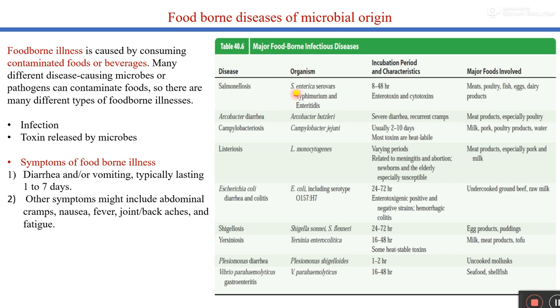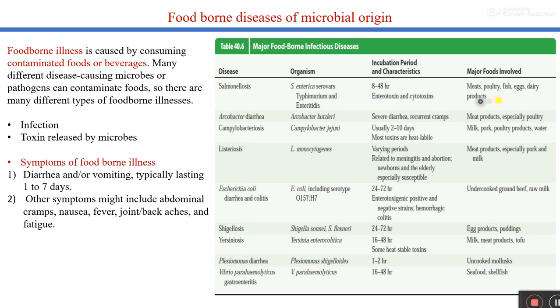This is the table where in the first column different kinds of foodborne diseases are given. In the second column, the organisms or microbes which are related to different foodborne diseases are given. In the fourth column, you can find all the foods where these microorganisms grow, which ultimately leads to the development of these diseases in the human body.